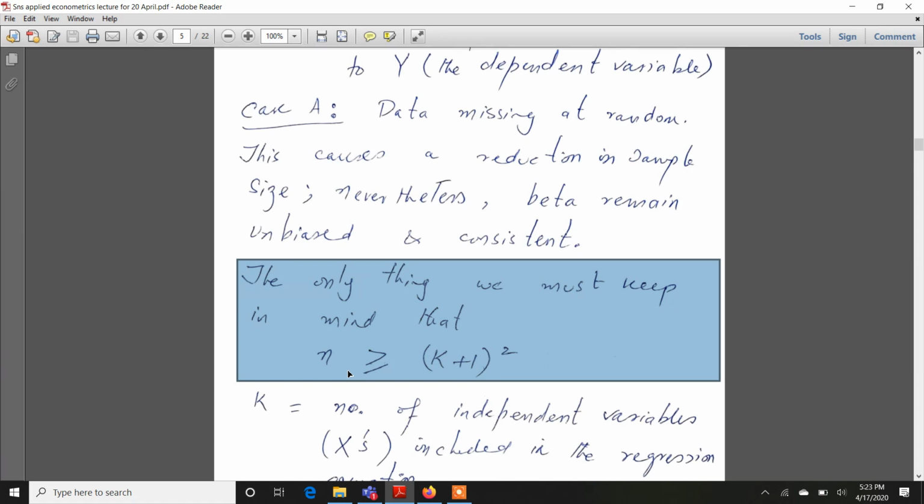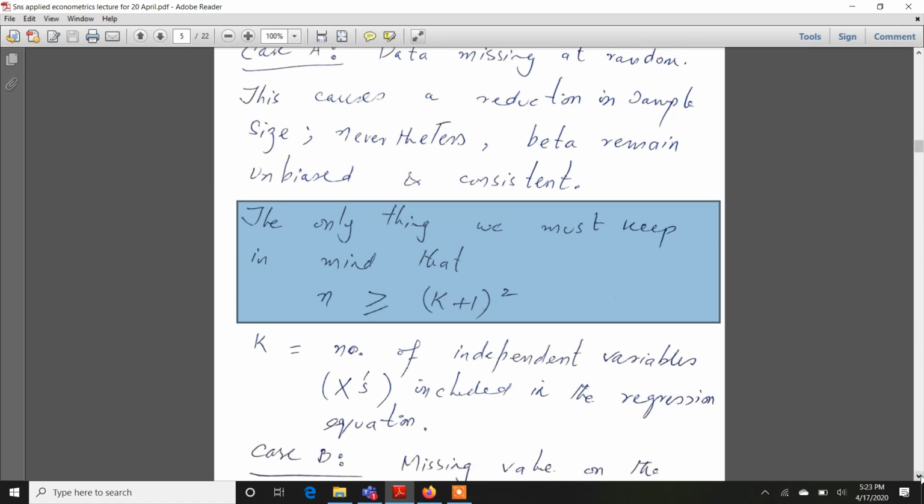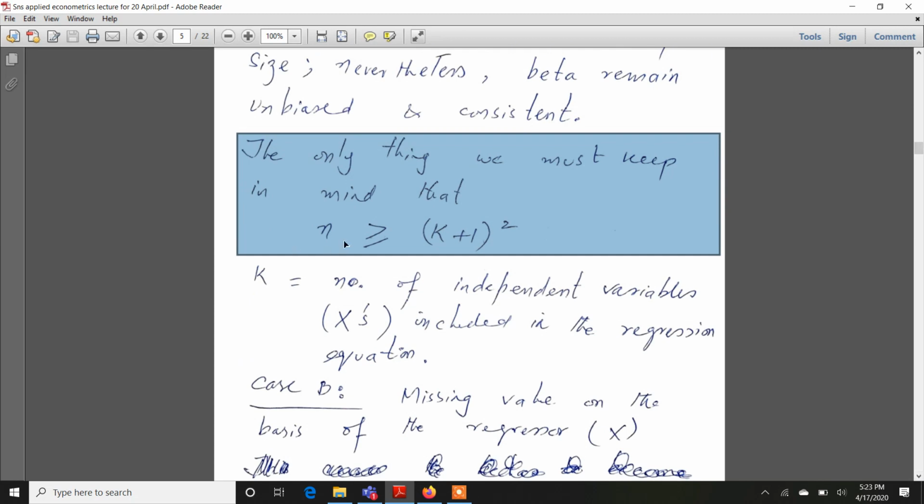Of course, more than 4 is very good, and it will offer more efficiency in the results. But this gives a bare minimum sample size required to estimate a regression having k independent variables.